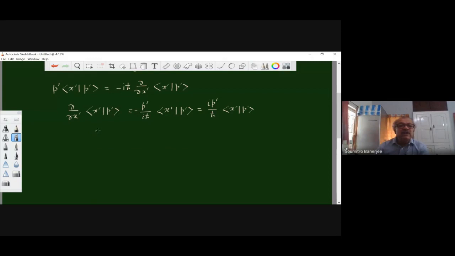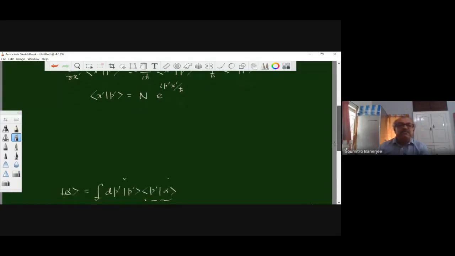The solution will be of the form some constant times e to the power i p' x' by ħ. There will be some coefficient in front of that. Let's call it n, and we need to calculate what that n should be.